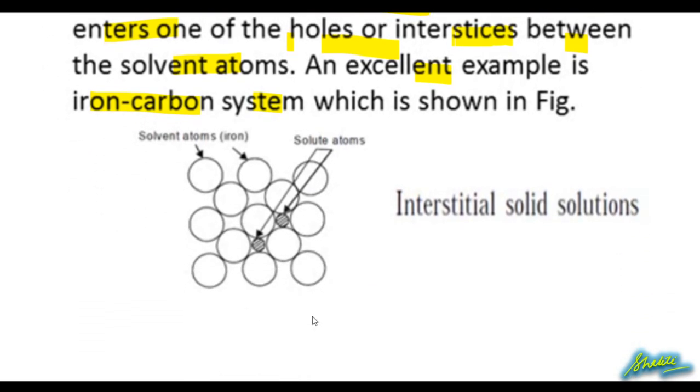Here, solvent atom is iron and solute atom is this one, carbon atom. Carbon atoms stay in interstitial spaces or holes in between the iron atoms, and this is an example of interstitial solid solution. That's all, students. Thank you.